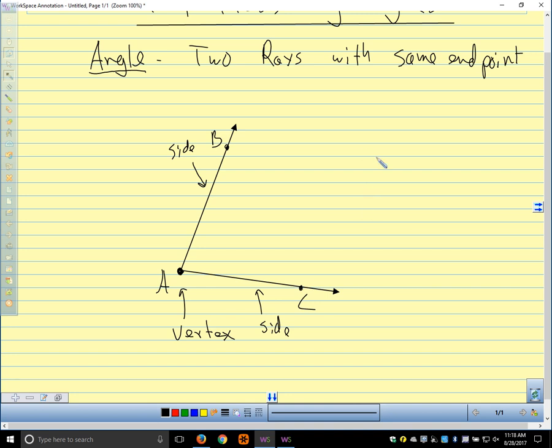And we're going to name this angle. What's a symbol that we use to name an angle? Yeah, the little angle. So what's one way we could name this angle? Angle BAC, angle CAB, angle A. All three of those.